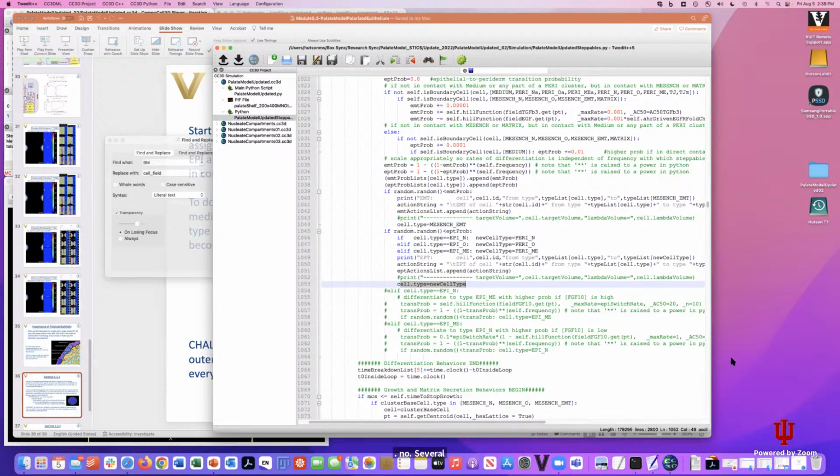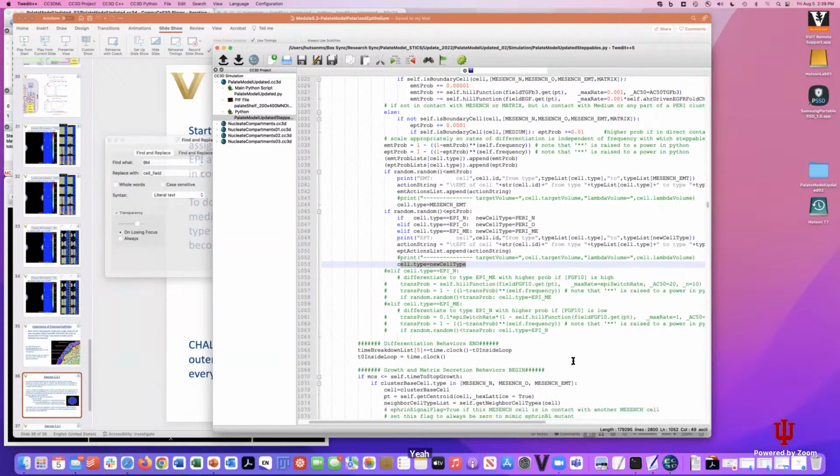Is there anybody who is not able to run it at this point? Yeah, it runs on NanoHub. If you're having any trouble, just let us know. Yeah. All right.